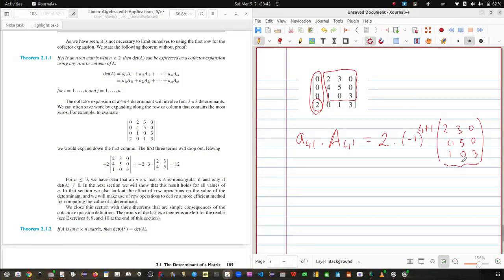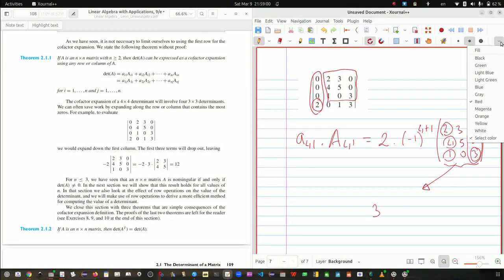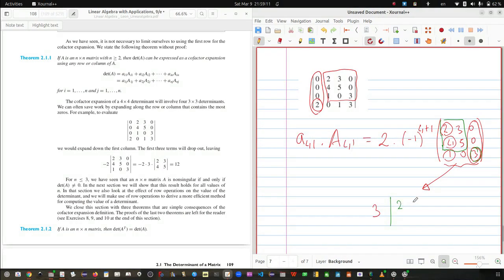How do you find the determinant of this? If you choose this column, you have to make 3 calculations, right? But if you choose this column, then you have to do only 1. So then independently, this means 3 times its cofactor. I will change the color here, I will make it green. So the cofactor of 3 is this part, right? So it means 3 times 2, 3, 4, 5.